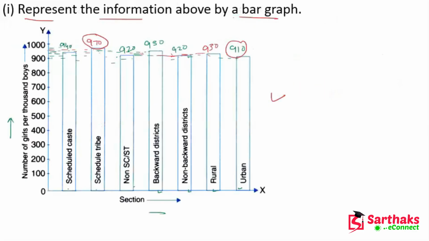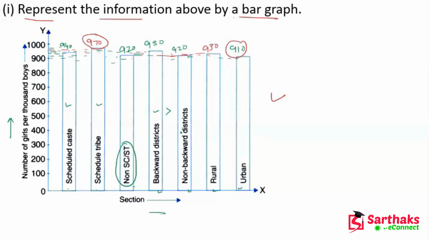Here you can see the number of girls per 1000 boys is greater in SC ST as compared to non-SC ST. And the number of girls in backward districts is more than that in non-backward districts.